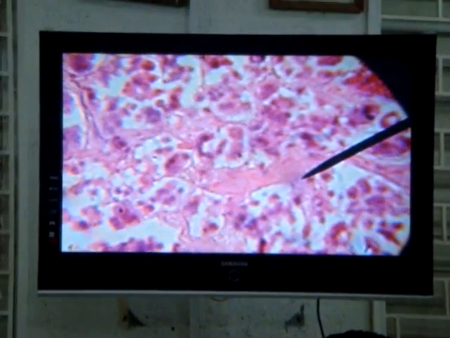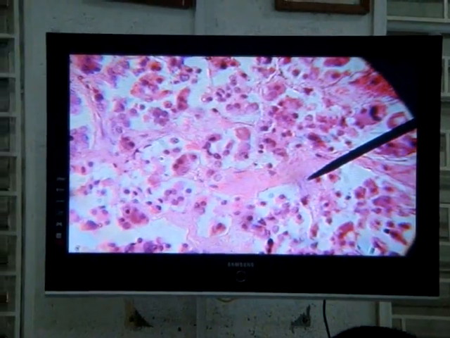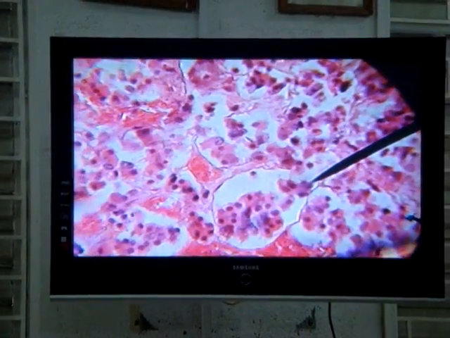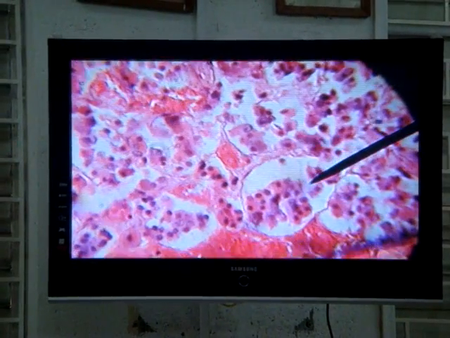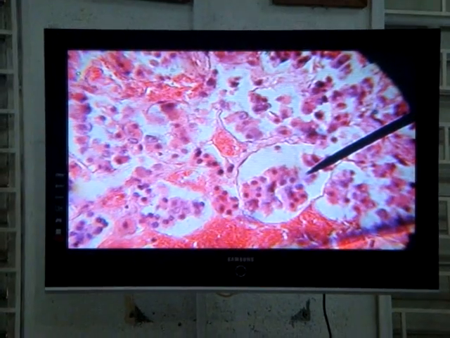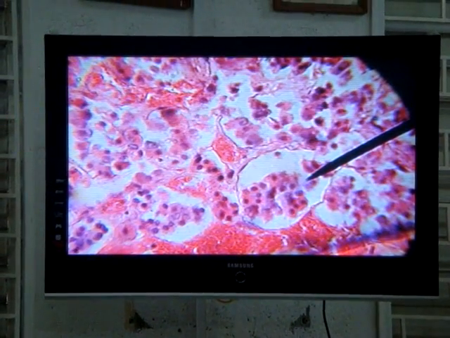Now, when you observe the parenchyma of the pituitary gland, you will notice that the cells are organized into clumps, into clusters. Each cluster is surrounded by a fine little strand of connective tissue.